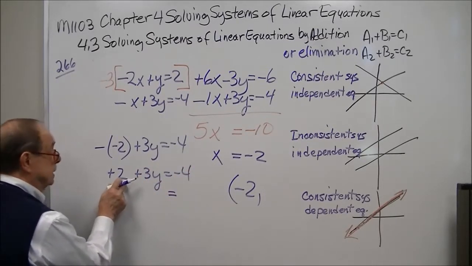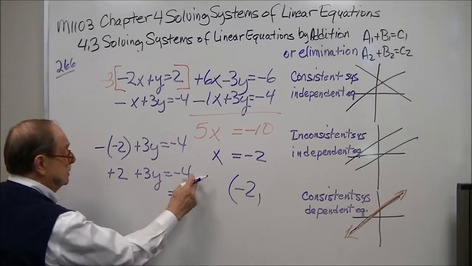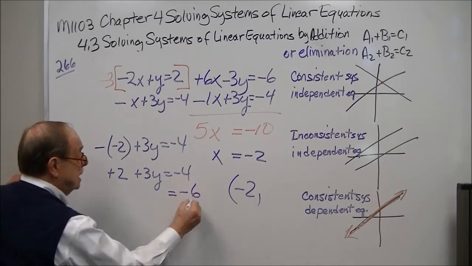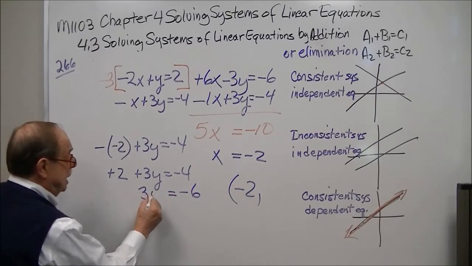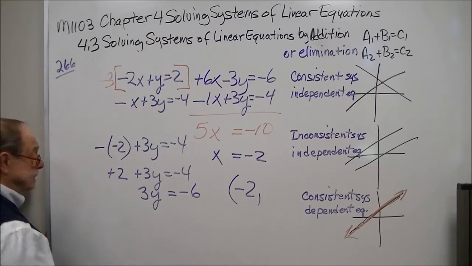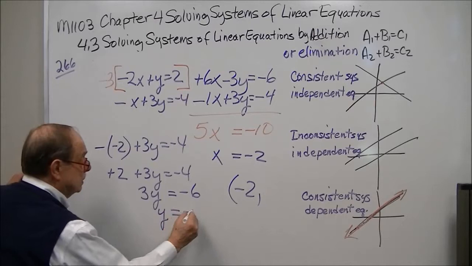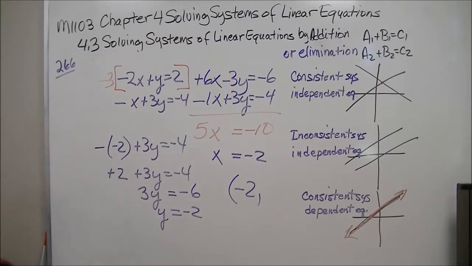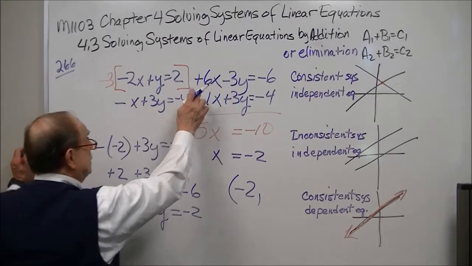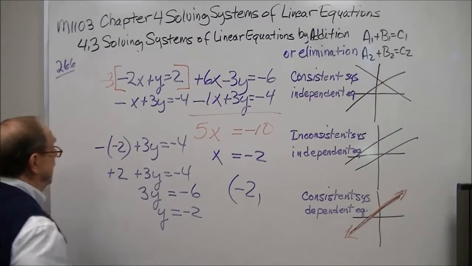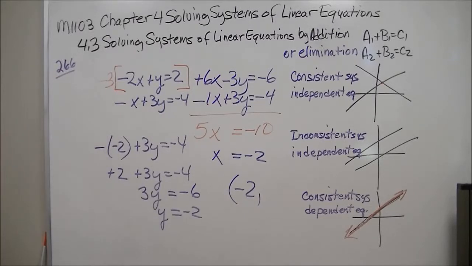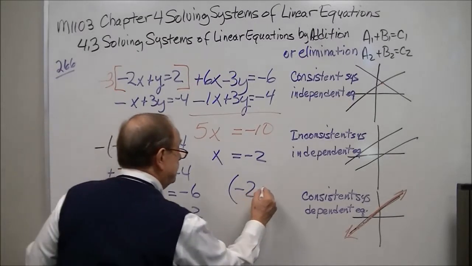I'm sorry, a positive 2 becomes a -2 on the other side. So this becomes a -6, and we have 3y equals -6. Divide both sides by 3, y equals -2. Now it really pays to check your work. As you see, I could have made an error there had I not checked my work. So let's put that in there.